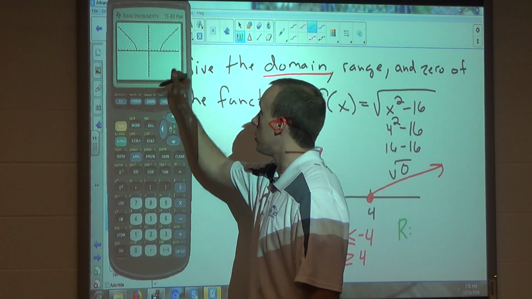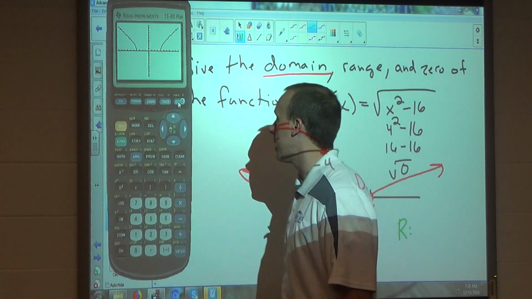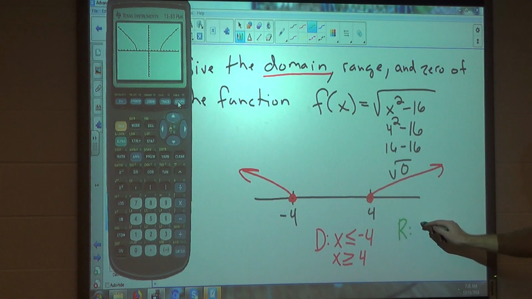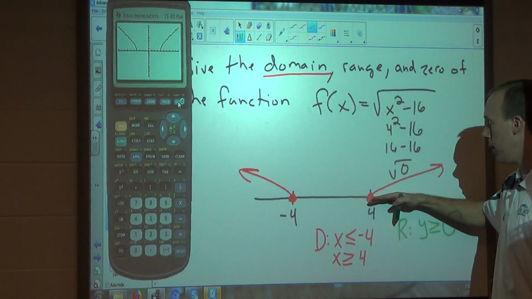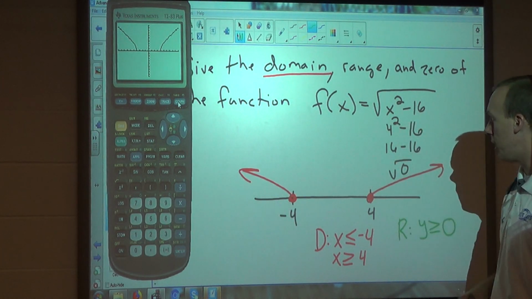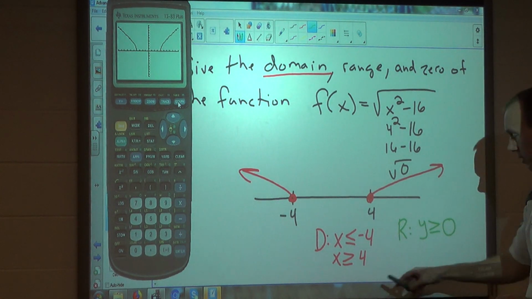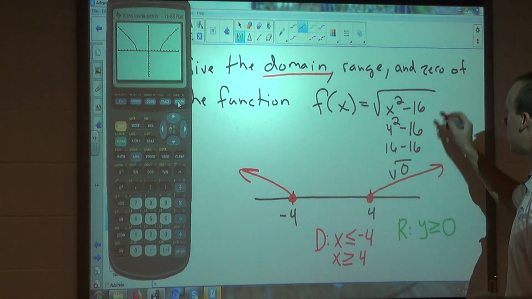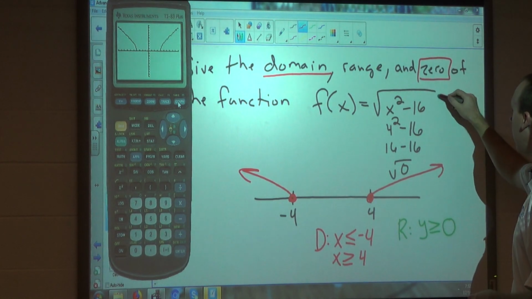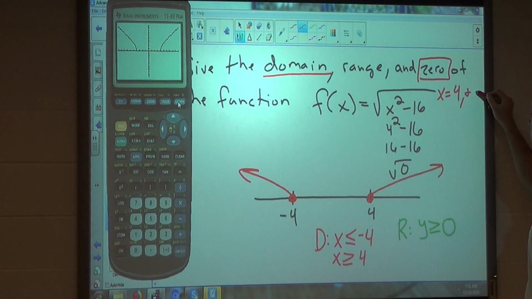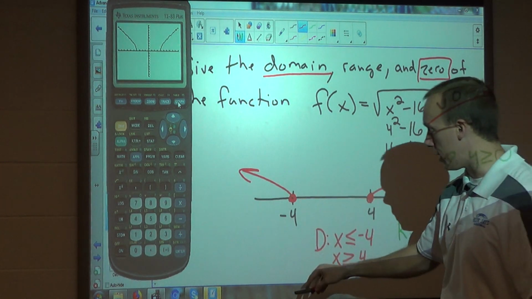Nothing below. So it's everything above the x-axis, and if the range is the y's, I'd say y is greater than or equal to 0, because at 0 it starts, and then it goes up forever. Okay, and then what are the zeros of the function? Well, the zeros are where it crosses, so the zeros on this problem would be at x equals 4 and negative 4, because those are the two spots where it's touching here.